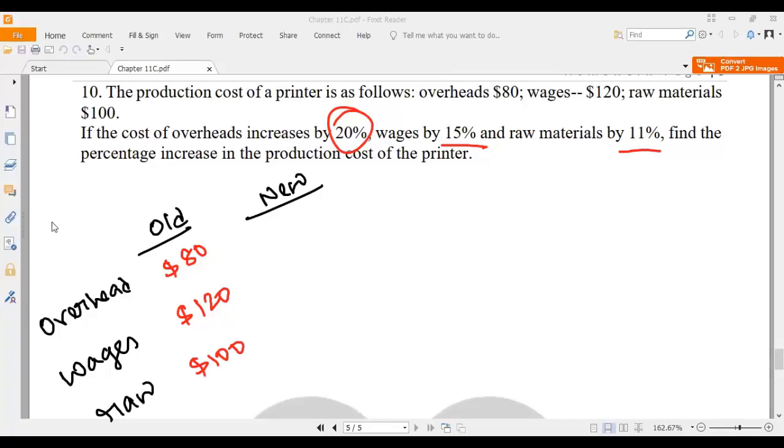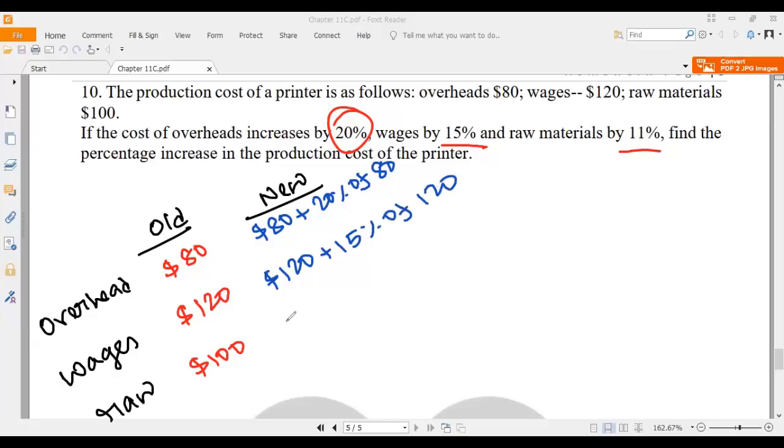Now, what is the new cost? The new cost says the value was increased. The cost of overheads increased by 20%. So $80 plus 20% of 80. What about wages? That is 120 plus 15% of 120.